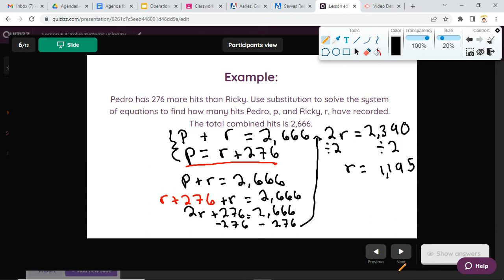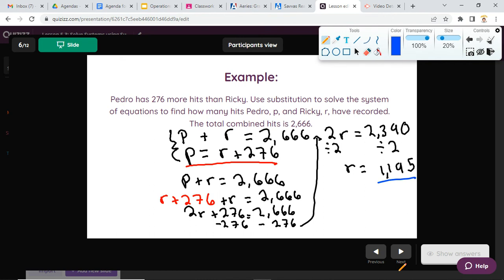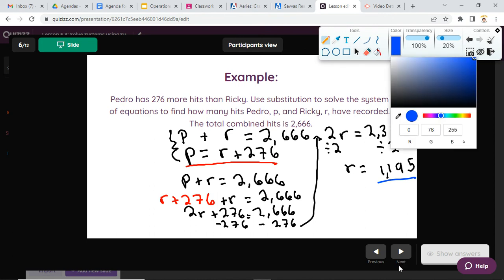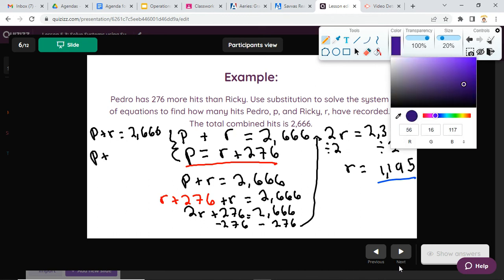R stands for Ricky. So what I'm going to do now is take that r is equal to 1,195, and come back up to this equation here: P plus r is equal to 2,666. And I'm going to replace r with 1,195 because that's how much r is equal to.